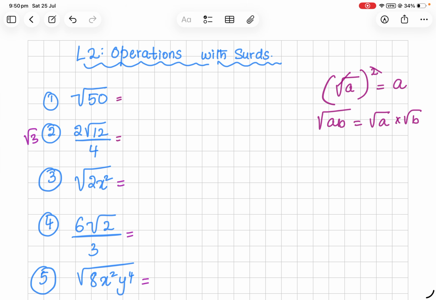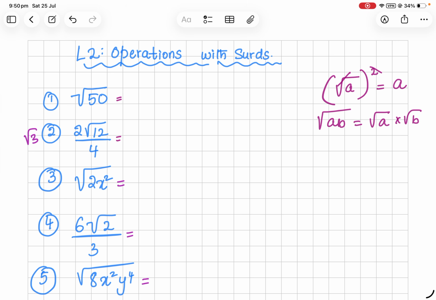Now when you're working with surds, the best way to think of solving this is by thinking of some perfect squares. Let's say you have the square root of 50. 50 can be written as 10 times 5, but neither 10 nor 5 are perfect squares.